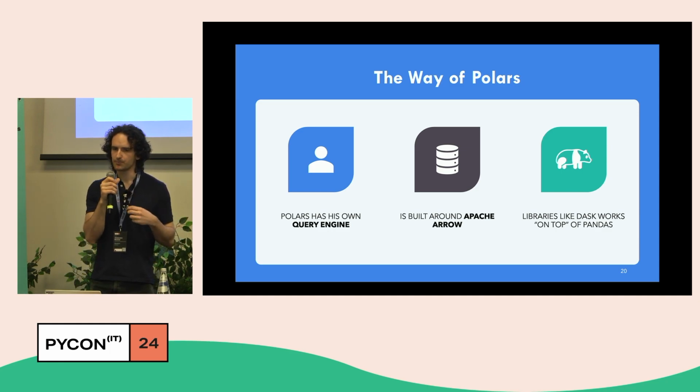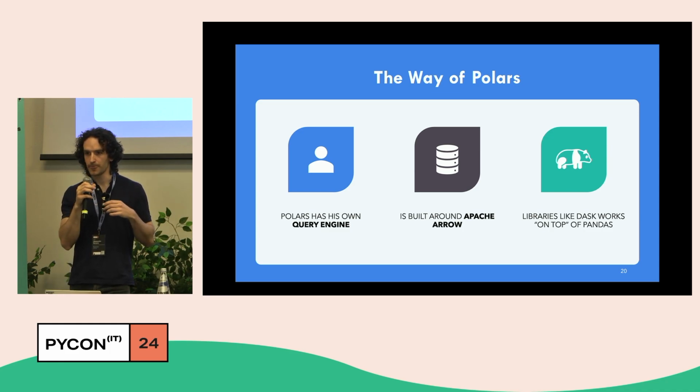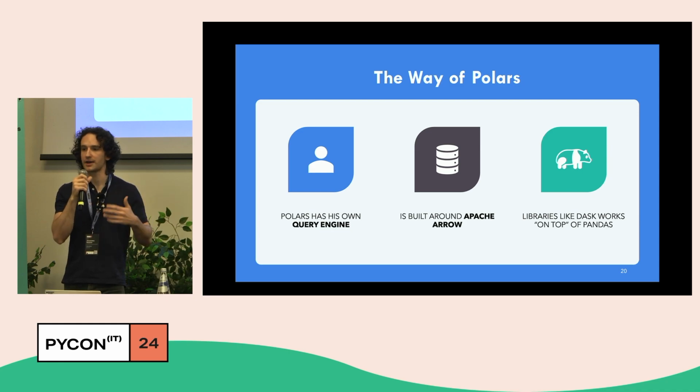I'm pretty sure that what we learned about how we manipulate data, for all the people in this room, we take these things for granted almost. But we did learn a lot of things during the last years, thanks to pandas. Things that we had to learn because we had to understand how to manipulate and analyze data.